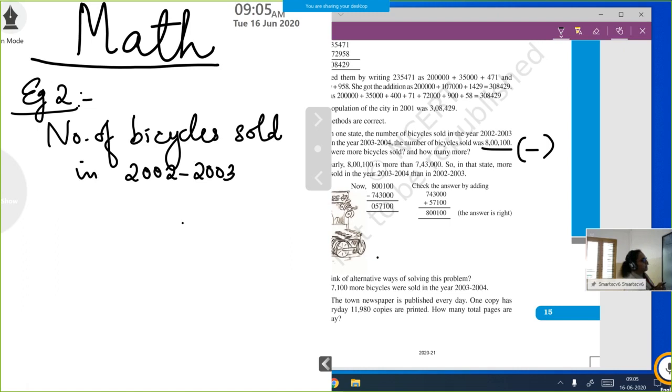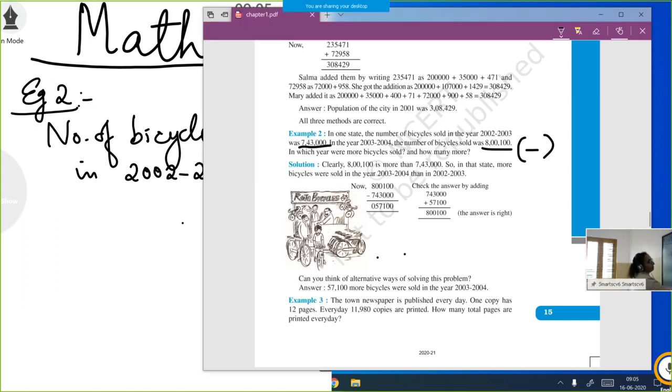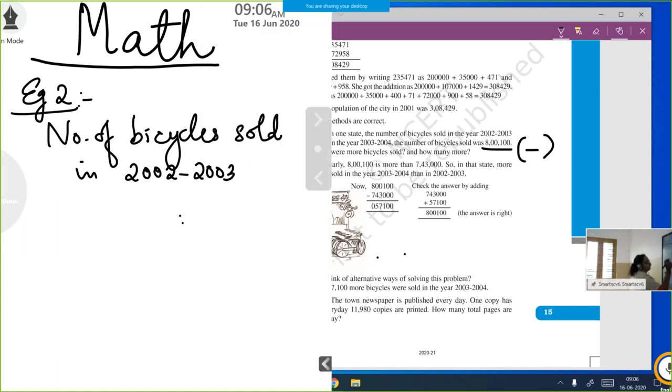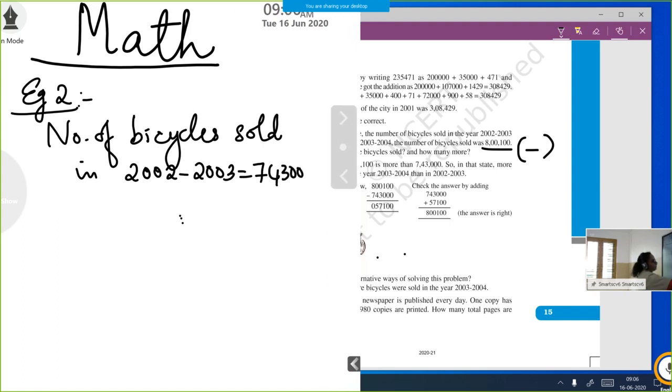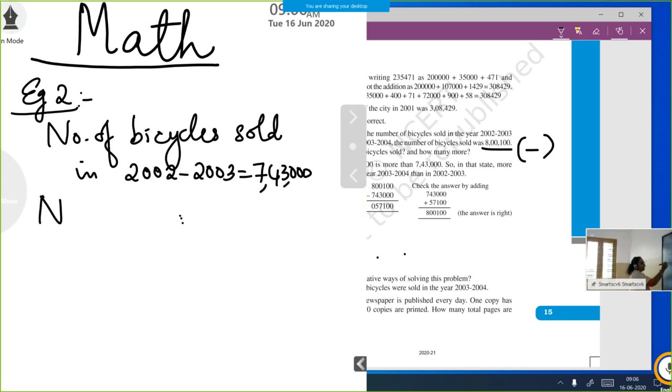So how many bicycles sold in the year 2002-2003, children? That is 7,43,000. Okay? Then number of bicycles, write the statement properly.